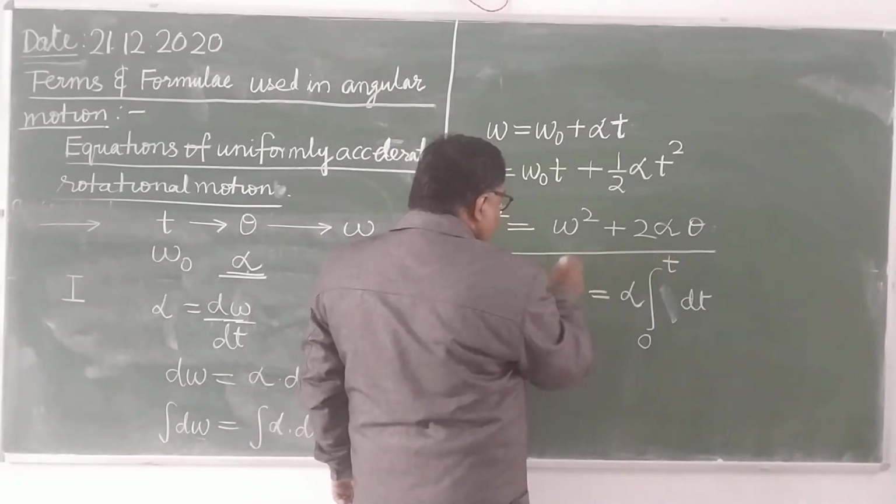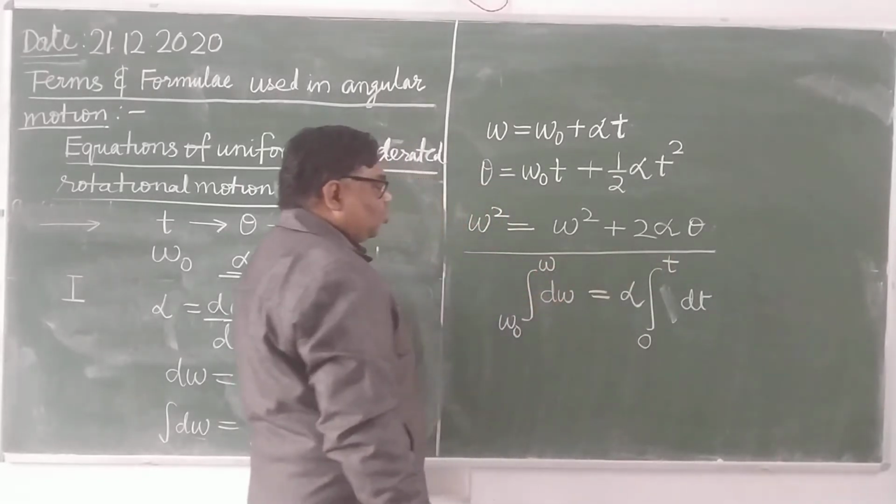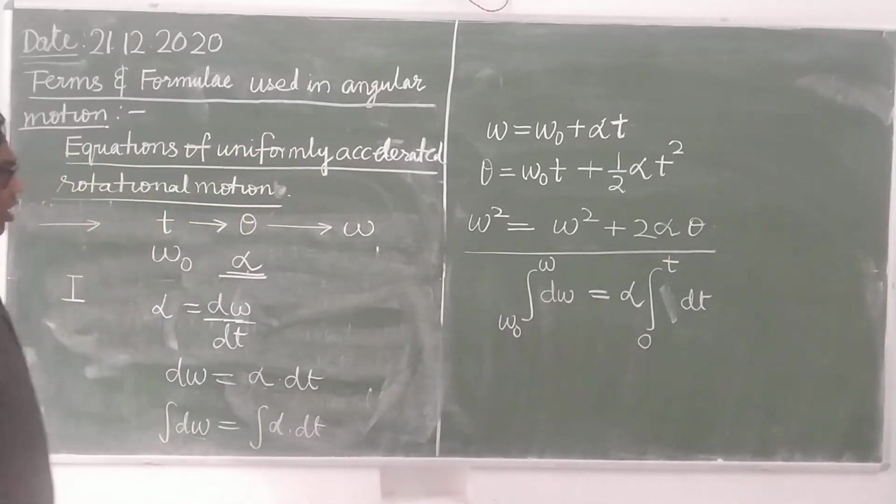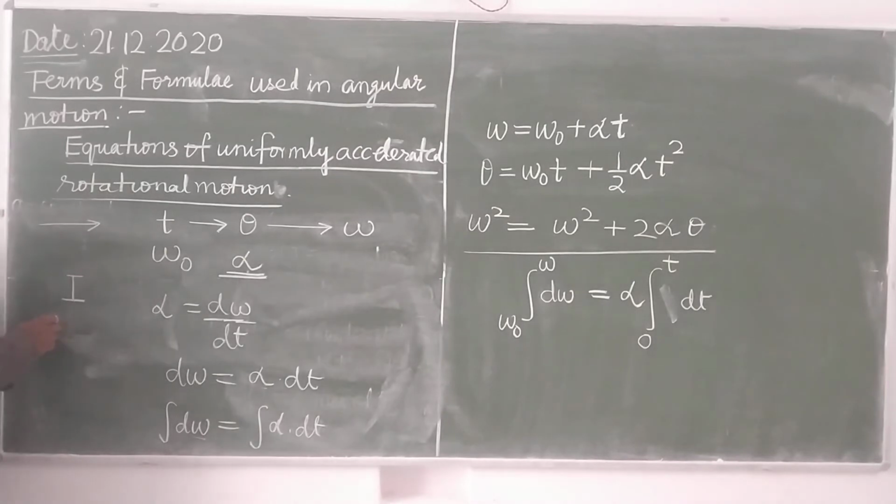When time is t, velocity is omega. Now what is integral d omega? What is integral dt? As we know that integral dx equals x, in the same way integral d omega will be omega, and integral dt will be equal to t.